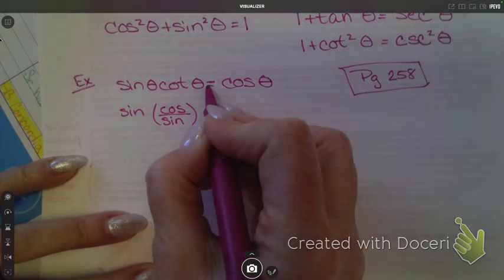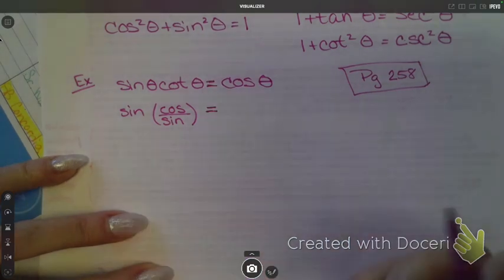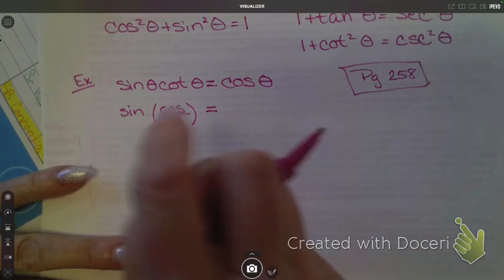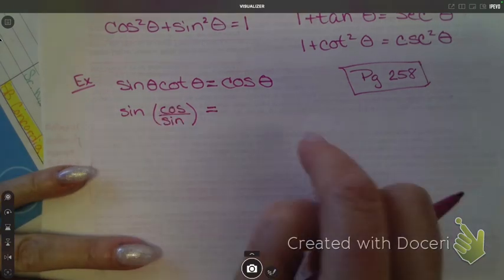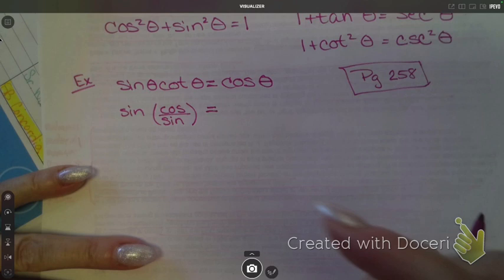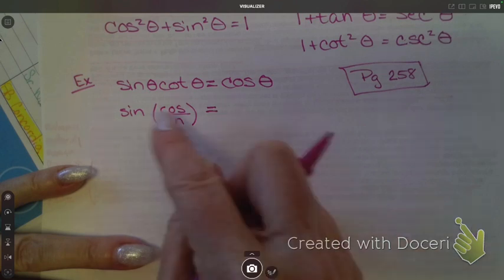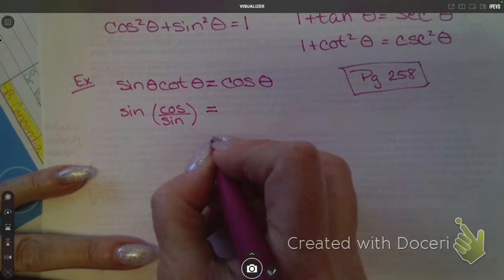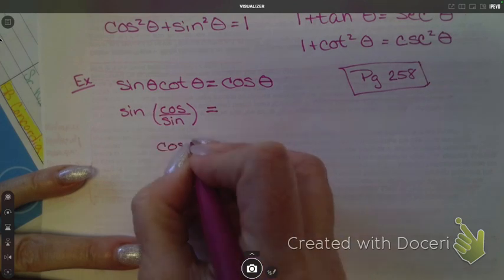We're not showing work on here. We're big kids. We're just going to show the result. So what would happen when I take sine times cosine over sine? I would have cosine. So cosine theta equals cosine theta. And you put your little box.